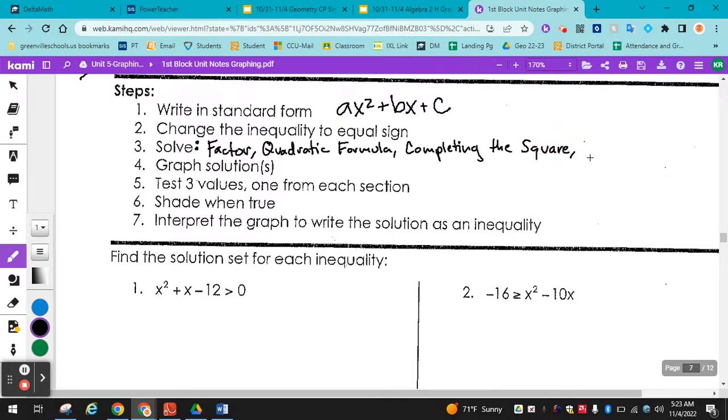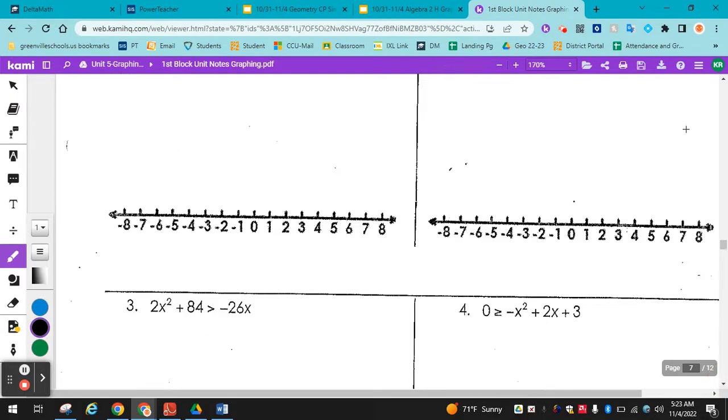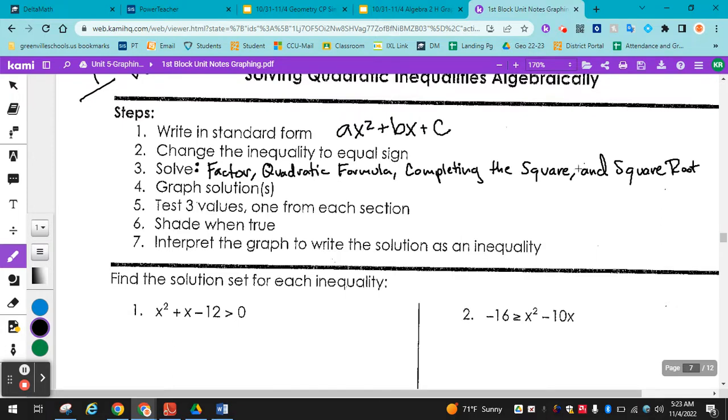And you can use square root. Remember, not all methods work every time. But with quadratic inequalities, most of the time they can factor. If you're really against factoring, you can use the quadratic formula every time. It's up to you. But those are all your methods of solving.